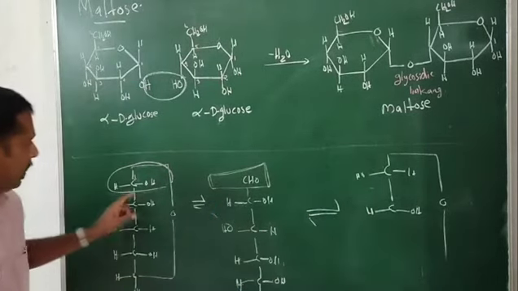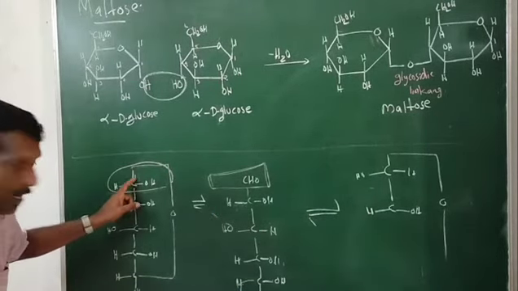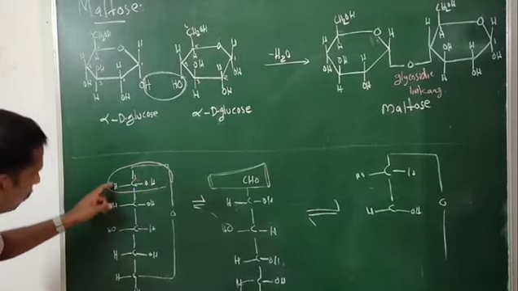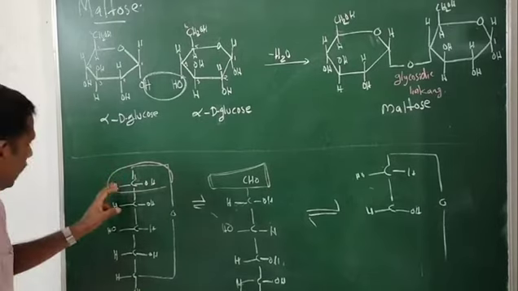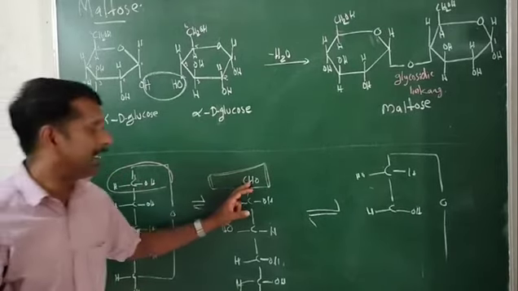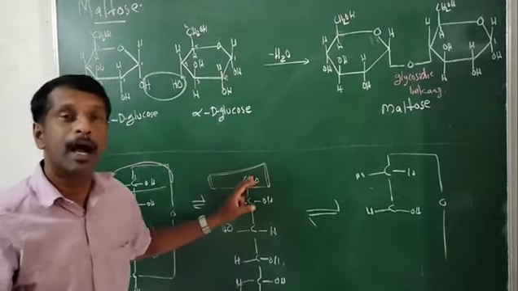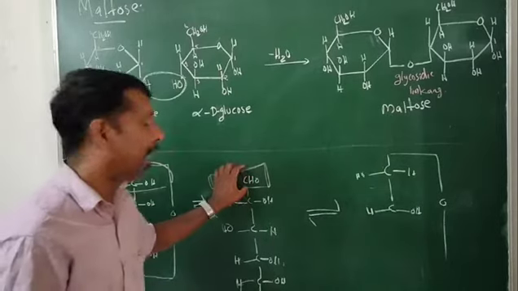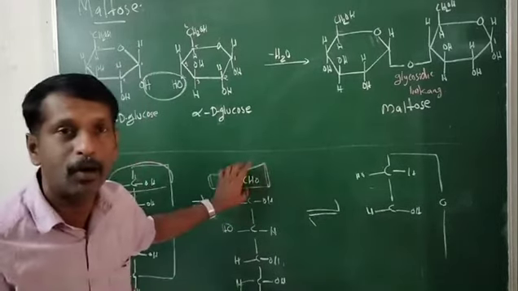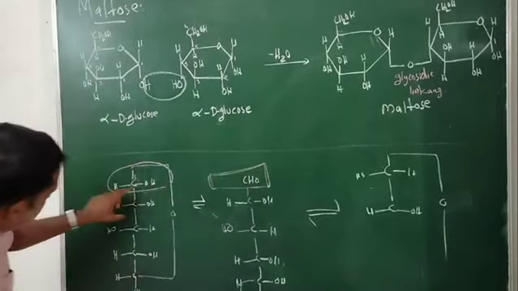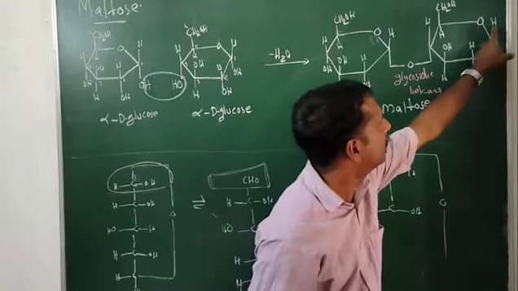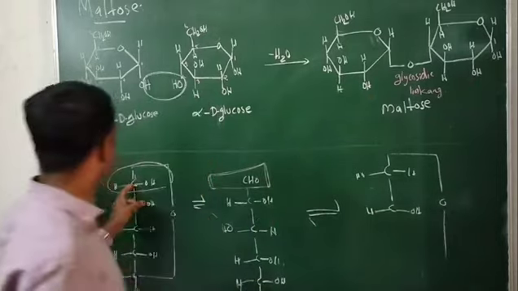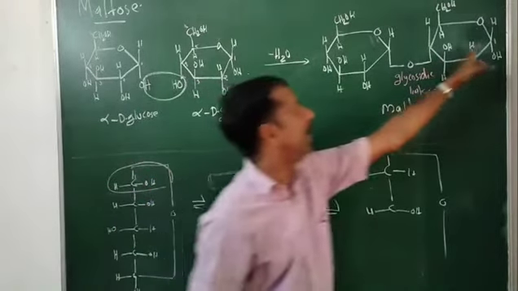That means if C1 is in this form, the CHOH form, it can exist in equilibrium with the open aldehyde structure. In maltose also you can see the same structure at C1, the same CHOH.